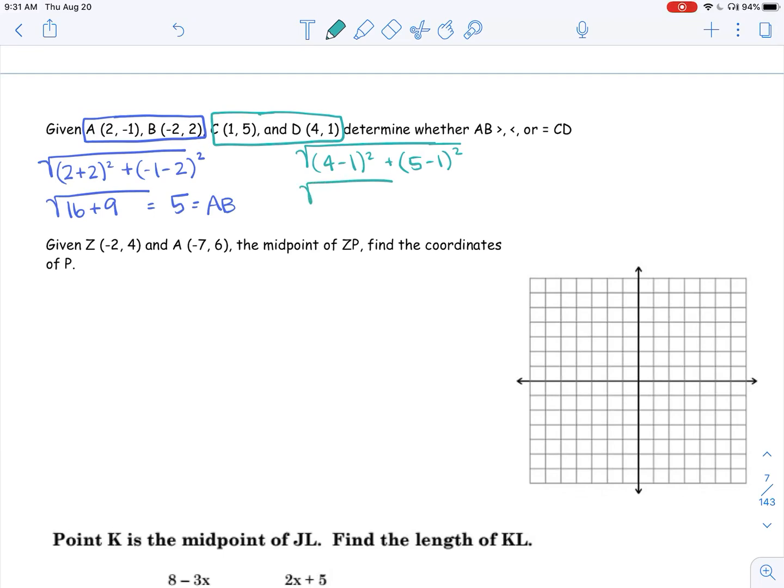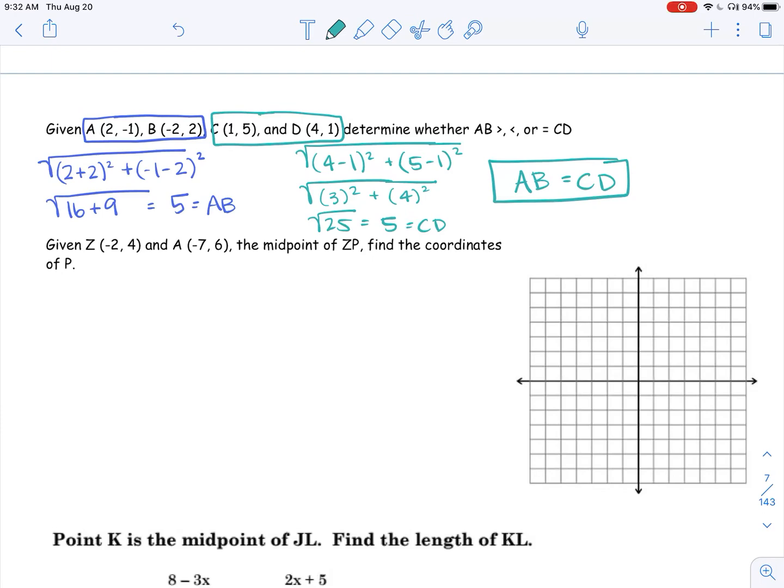I'm going to have the square root of 3 squared plus 4 squared, 9 and 16. So this is the square root of 25, which also gives me 5 for CD. So my overall answer is that AB is equal to CD.